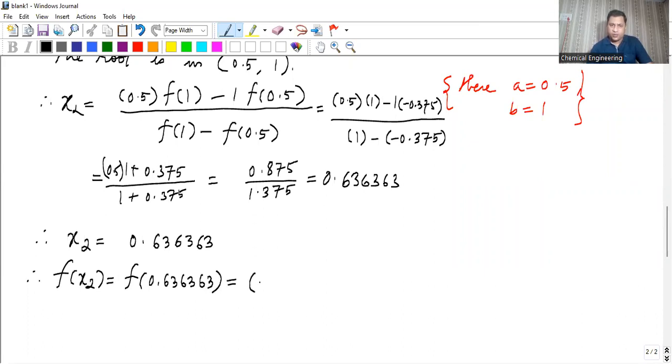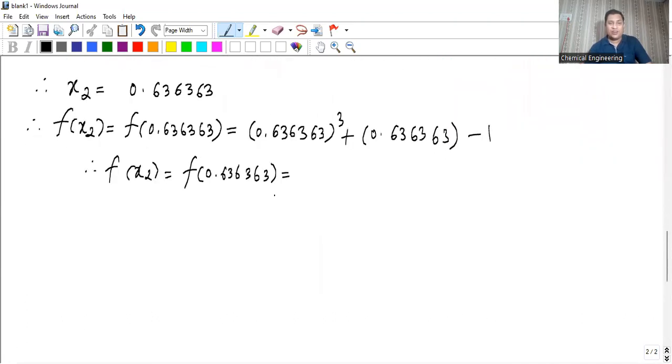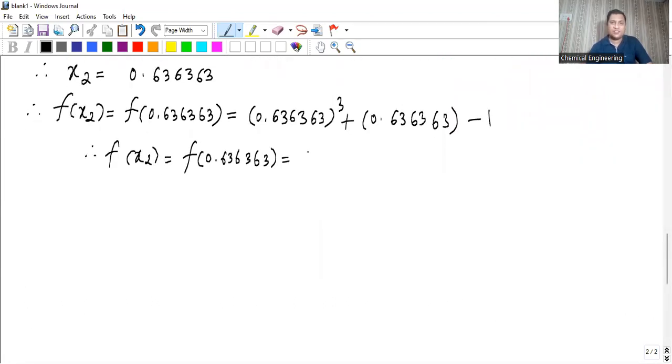That is 0.636363 cubed plus 0.636363 minus 1. So calculate this value and let me know what it is.